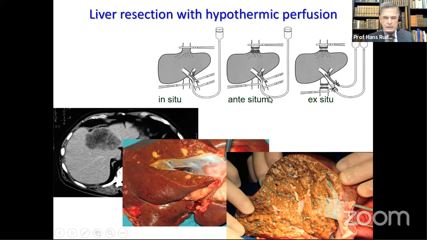And he invented these 3 possibilities: a hypothermic perfusion of the liver, named in situ perfusion; ante situm, which is a little bit wrong Latin, but it means that you divide the caval vein above the liver and keep the other structures in place; or a total ex situ resection where you take the liver out of the body, like in a transplantation, and retransplant it after the resection in a bowl.